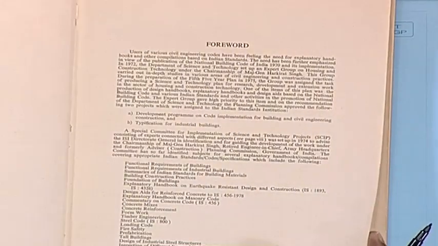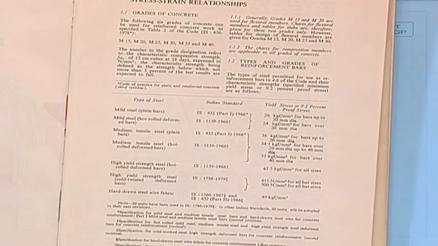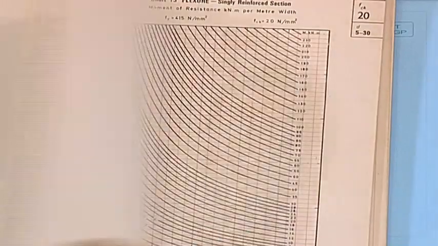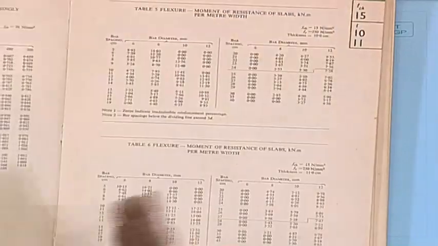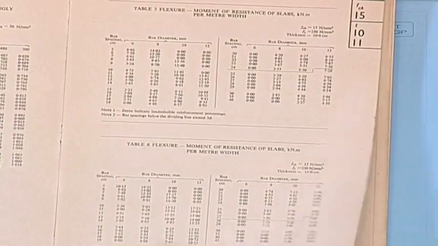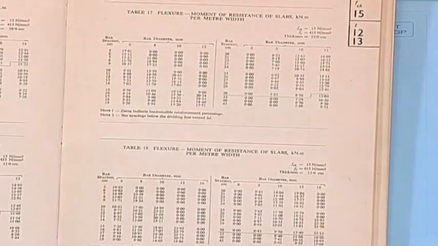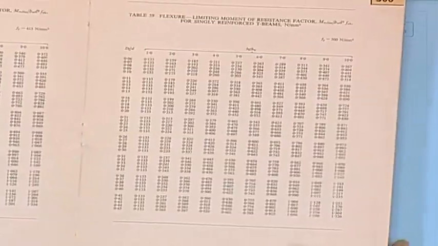This is SP 16, the special publication SP 16, where you will find a lot of charts and tables. Even nowadays one can write a simple small program and generate all those tables. It is not a very big program.